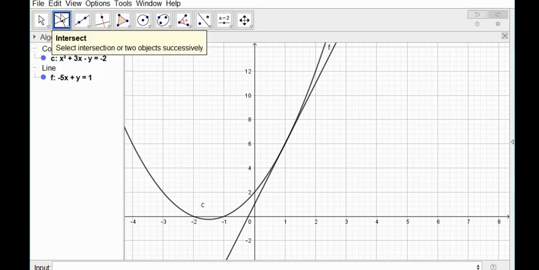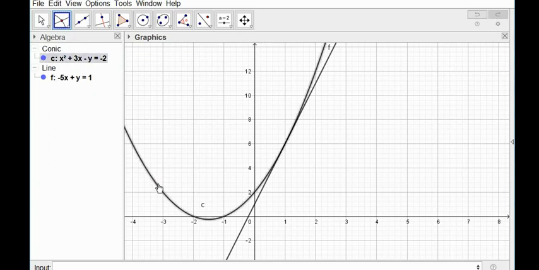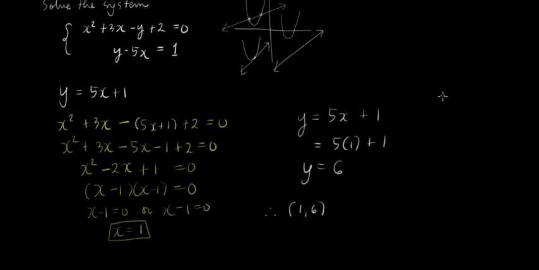So, I activated intersect tool and then I'm going to click the parabola and the line. Again, activate intersect and then I'm going to click parabola and this line. Yeah, you will have A, which is 1, 6. Yeah, so our answer is correct. It's 1, 6.